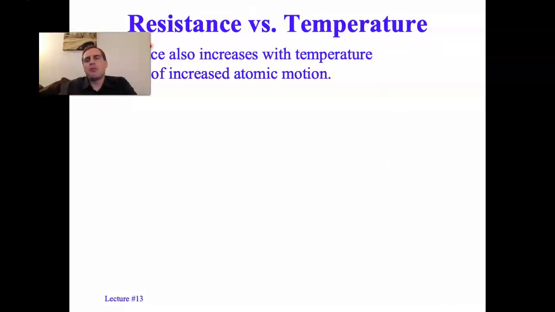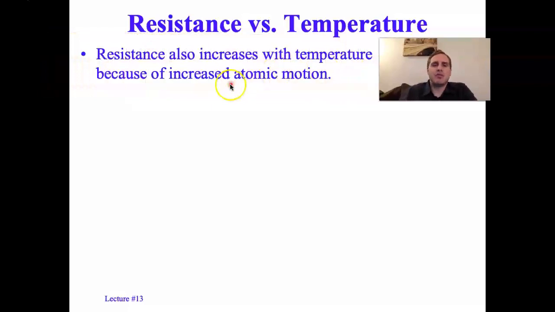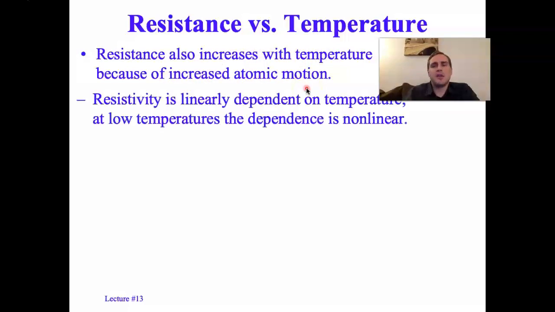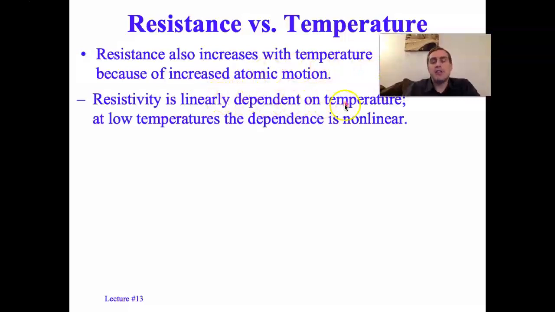Now let's talk about how resistance relates to temperature. Temperature is not something we talked about a lot in this class, but hopefully most of you know what temperature is. It's sort of related to the average kinetic energy of the molecules. So resistance increases with temperature because of increased atomic motion. Resistivity is linearly dependent upon temperature.